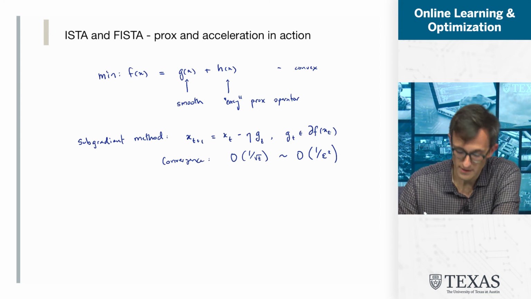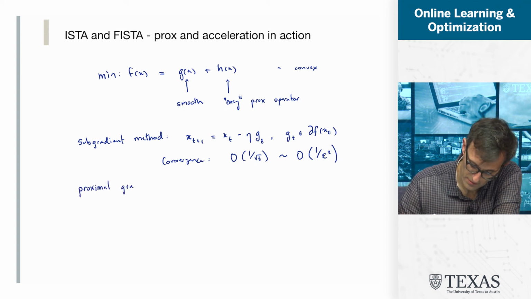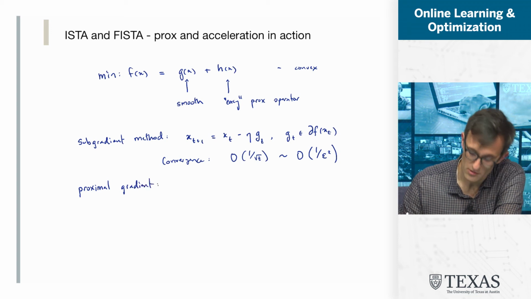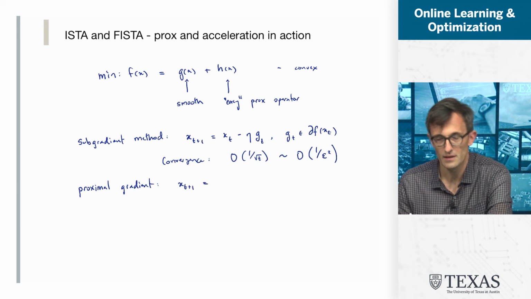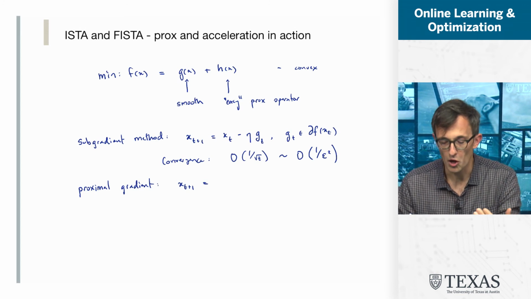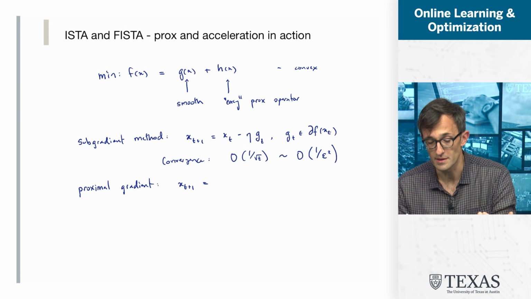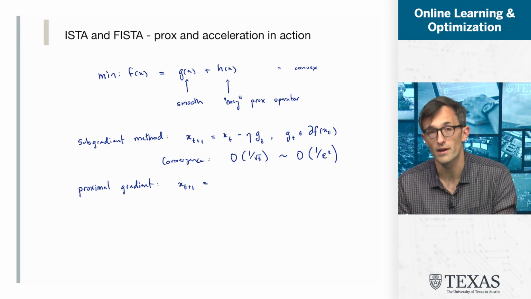But we saw in previous lectures that we could also try to use the proximal gradient method. So proximal gradient tells me that x_{t+1} is equal to, and now let's see what I want to do here. g of x is smooth, and I want to take advantage of that smoothness. And you'll recall that the way we take advantage of smoothness is that we don't need to have our step size going to 0 or being linked somehow to the final error that we want.